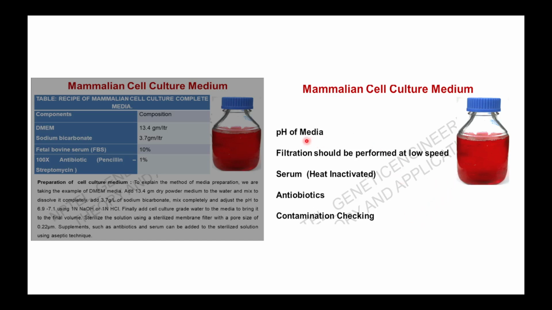Now, if pH is changing, suppose there's bacterial growth in the cell culture medium, then usually when bacterial cells grow, they release acidic byproducts. So bacterial growth can change the phenol red color to yellow.